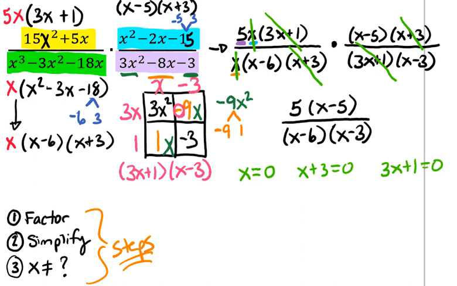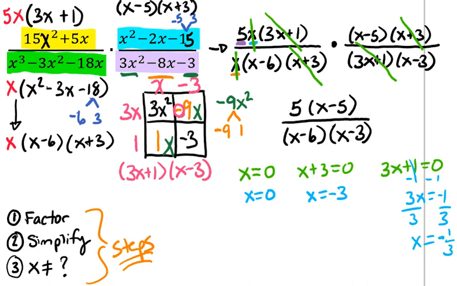So here we see that x equals 0. There's not really a change there. Here we see x equals -3, and after solving on our third one, we see that x equals -1/3.